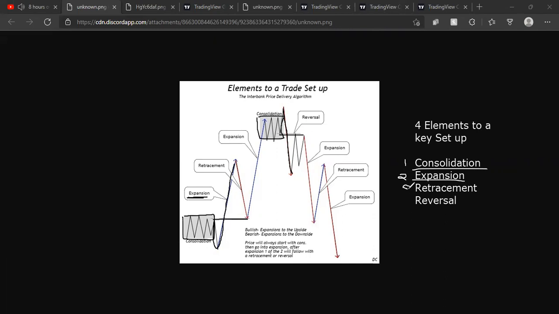And then these two right here, retracement or reversal, depending on whether you're reaching a higher time frame point of interest, where a reversal can occur, or you're going to get a retracement into another expansion or continuation, whichever one you would like to call it, to continue on with a bullish or bearish order flow.